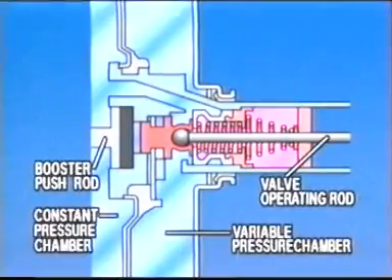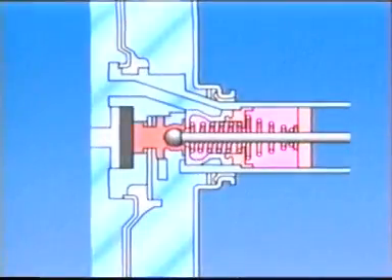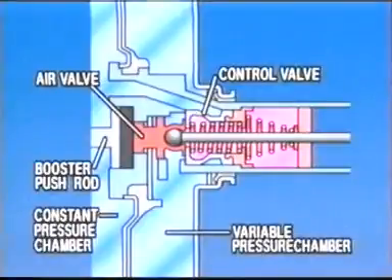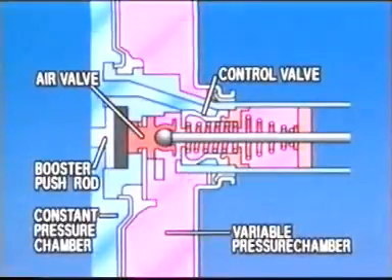When the brake pedals are depressed, the air valve makes contact with the control valve, making the constant pressure chamber and variable pressure chamber into 2 independent chambers. When the pedal is depressed further, the air valve moves away from the control valve, allowing air to enter the variable pressure chamber. This difference in pressure is used to push the push rod.